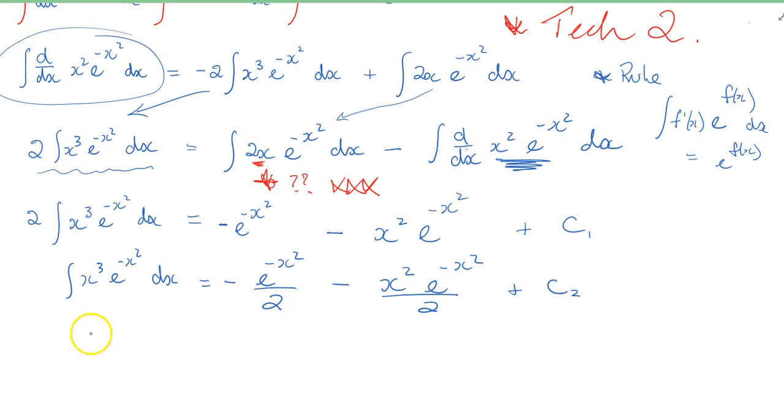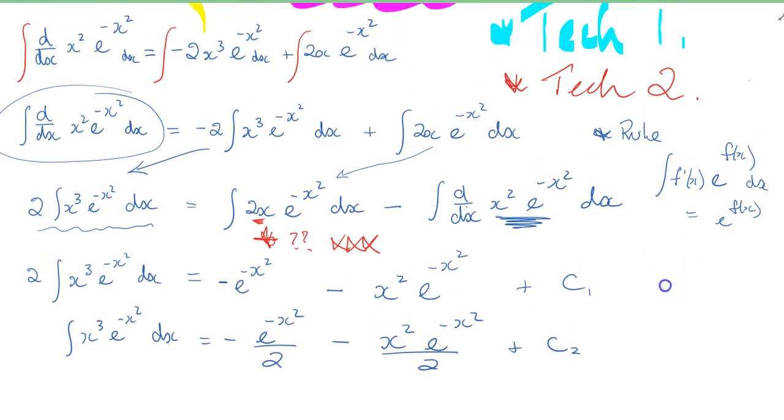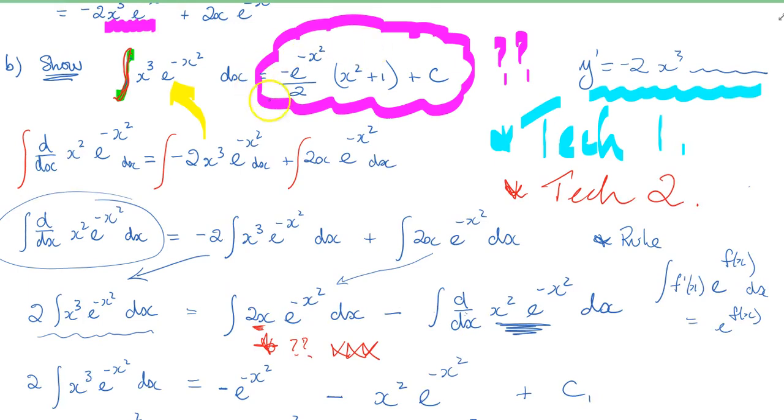Now, I'm going to take out a common factor. And the reason I know to take out a common factor is very much driven by what the question is asking me to show. I'm thinking, I've got these e to the minus x squareds and I've got a half. Where does the x squared plus 1 come from? And I've got a constant.